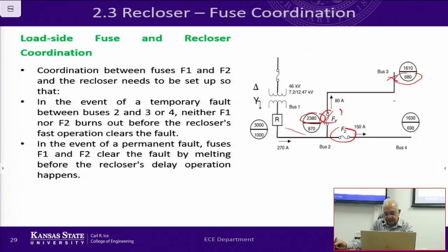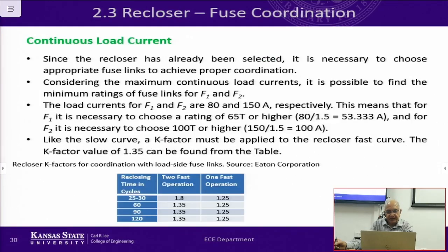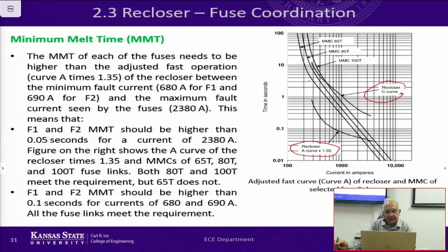So go to the next slide here, and what we find is that we already selected the fuses, and then we draw the plots here, and what we find is that the 680 and 2380 are the critical times.